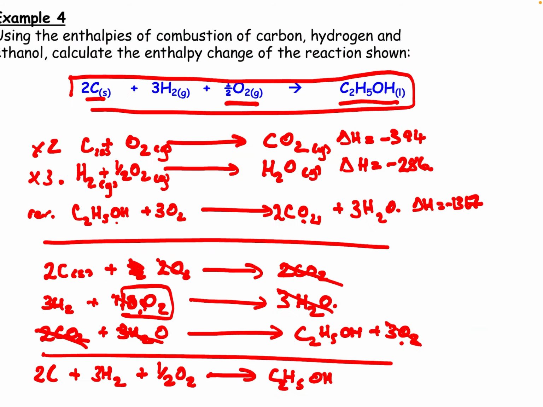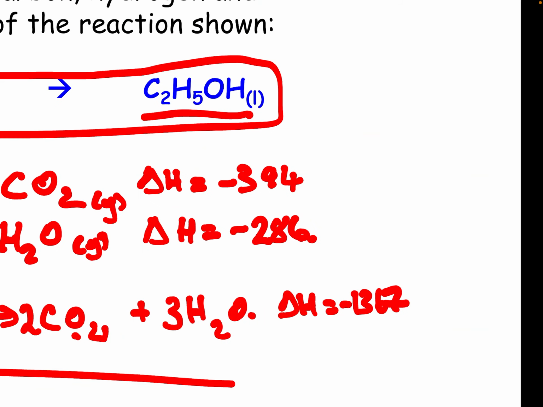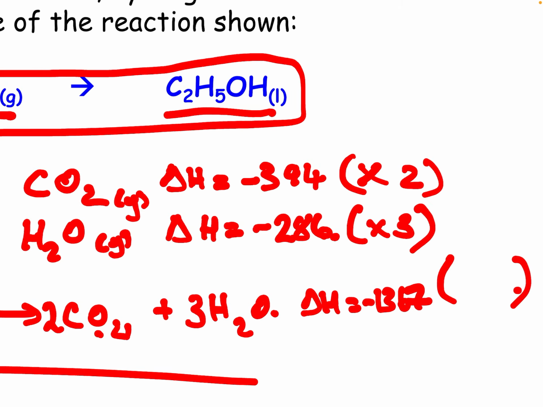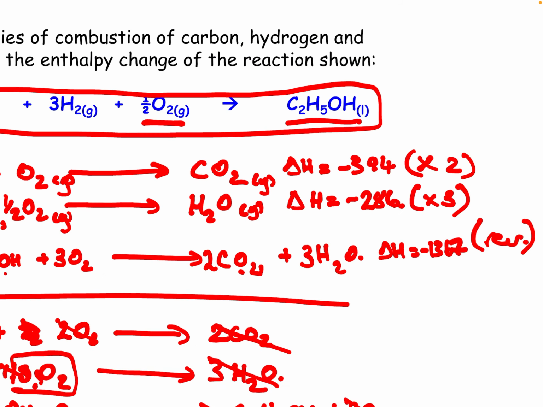Now we just need to work out the enthalpy change. We'll do that by doing times 2, times 3 and then reverse. So that works out to be minus 394 times 2, which is going to be minus 788. 286 times 3 is going to be minus 858.